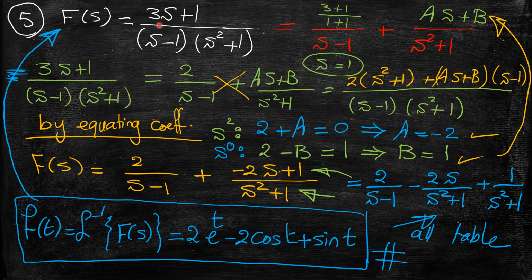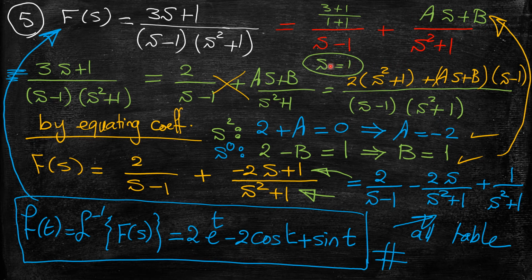We have this 3s plus 1 over a cubic equation, and this cubic is already factorized in this form, and this s squared plus 1 can't be factorized further. So we need to get the numerator for the first partial fraction, and the numerator, which is a first degree polynomial, for the second fraction.